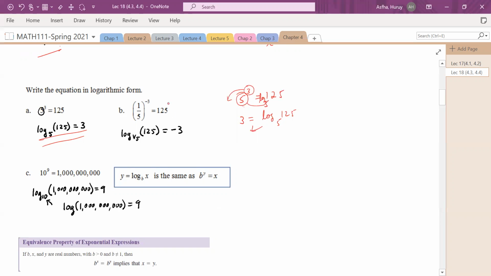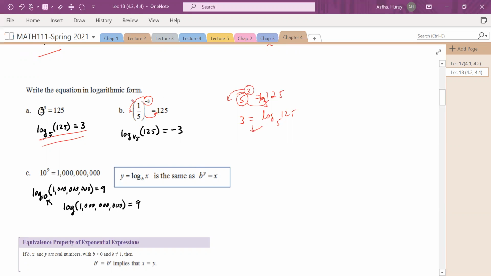We will learn this one in a proper way because we have properties that will help us rewrite these things. But normally, if you don't remember the logarithmic forms, the trick is to put this one down here, bring this one as the base here, and add a logarithm here.